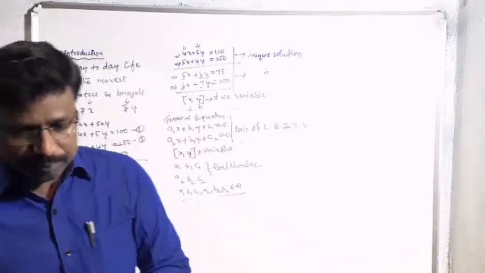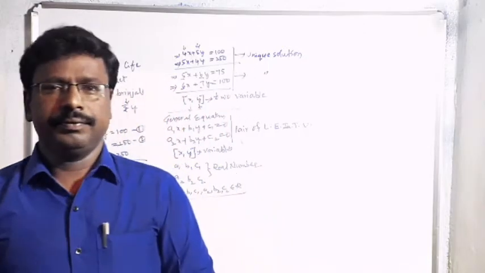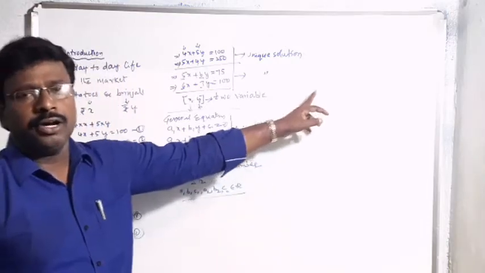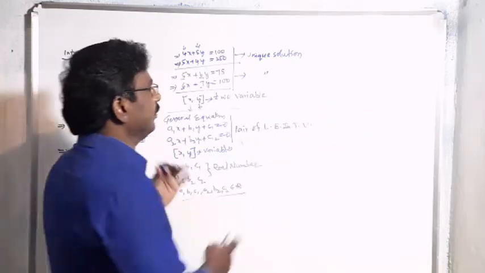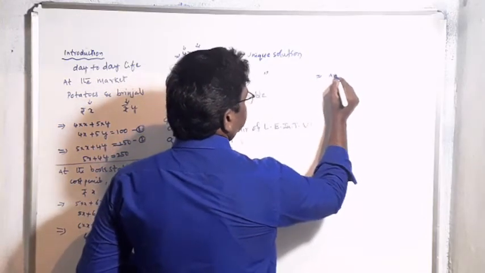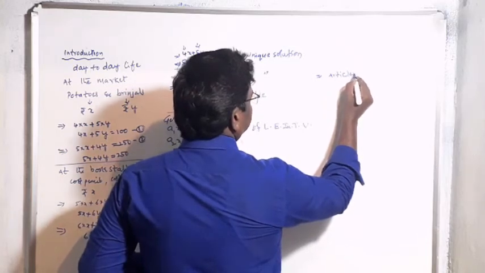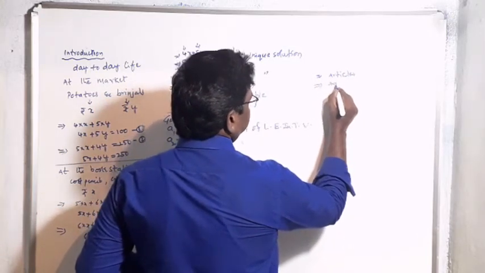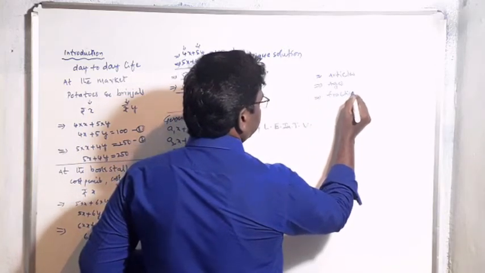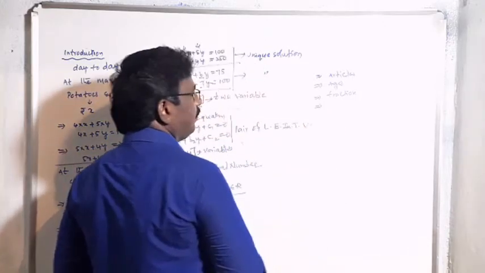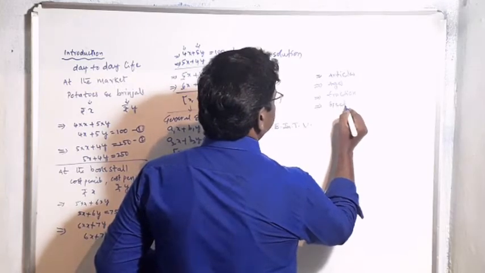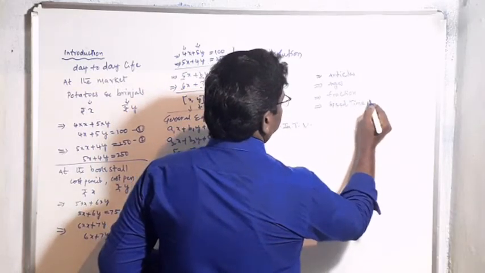Look children, for example, some applications based on articles, based on ages, based on fractions, based on speed, time and distance.